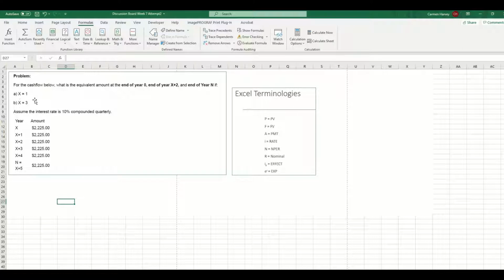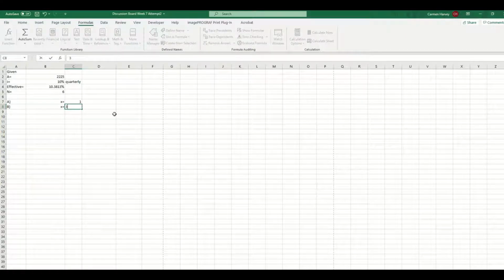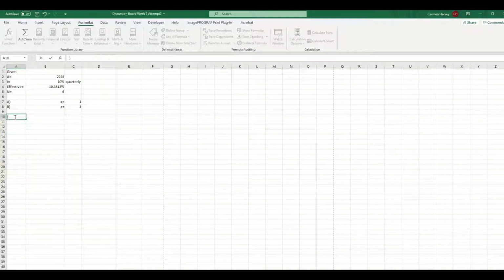And then B is when x equals 3. All right, let's go ahead and solve for A, or start working on A.